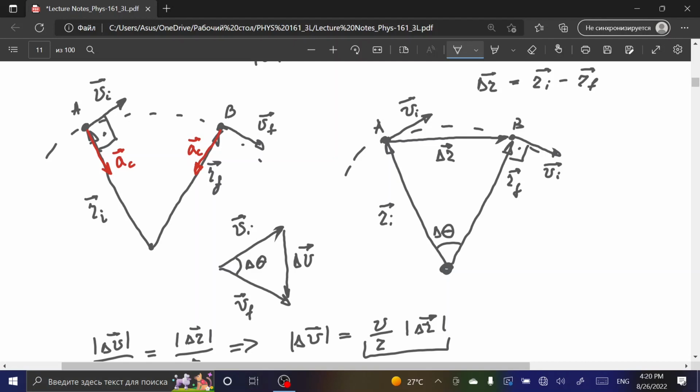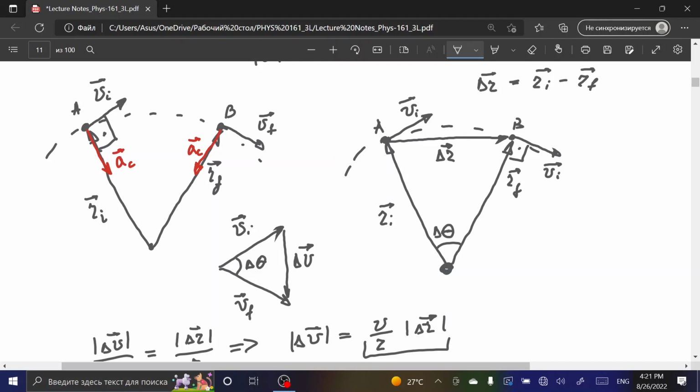There will be a very small difference between the final and initial radius vectors. In this case, the difference between the path and the magnitude of the displacement vector will be negligible, because they will be so close that the length of this trajectory will be negligibly small in comparison to the radius of the circular trajectory. And in this case, we can neglect the difference between path and displacement vector.